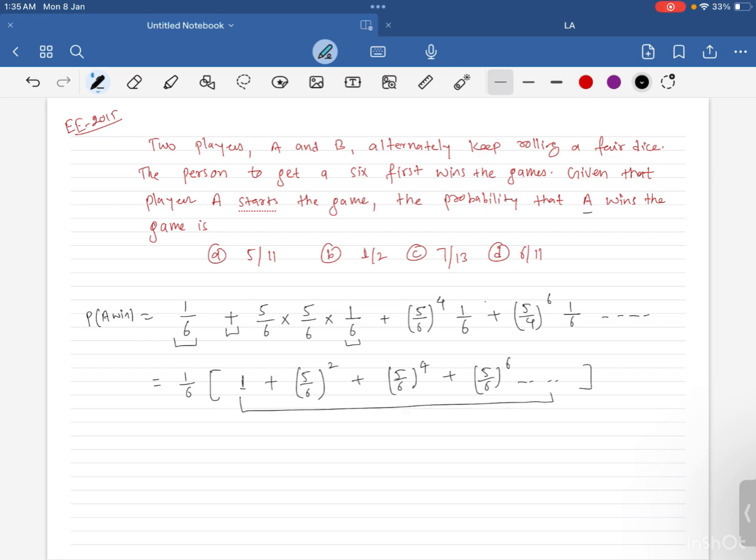The sum of this is 1 divided by 1 minus the common ratio, 5 by 6 square, and 1 by 6 is going to be there. So it will be 1 by 6 into 36 divided by 36 minus 25, that will be 11, right? So that is going to be 6 by 11. So the correct answer for this is D.